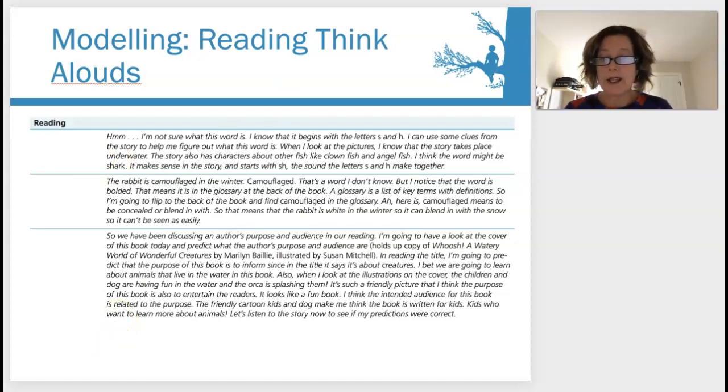Okay, so let's take a look at this. I'm going to pull up my little pencil again here. You're teaching the students to look at the beginning letters. You're teaching them to take some clues from the story. You're teaching them to look at some of the pictures and you're starting to say, okay, what is the actual story about and what word would make the most sense?